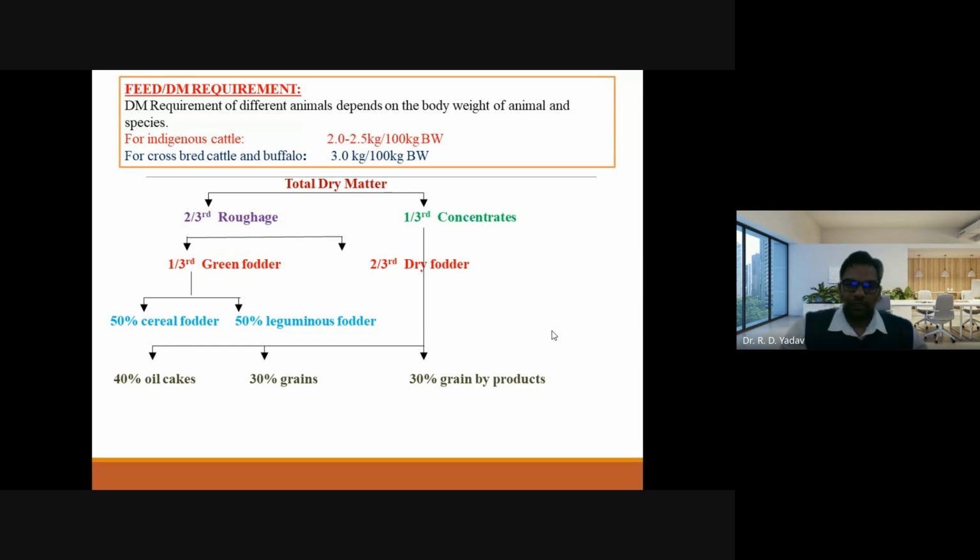For the 1/3 green fodder, generally we recommend 50% from cereal fodder and 50% from leguminous fodder if availability is there. If not available, we can go with the green fodder only. So the total dry matter requirement will be fulfilled in this manner in terms of roughage and concentrate for normal milk production and normal maintenance of a dairy animal.